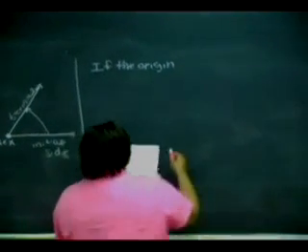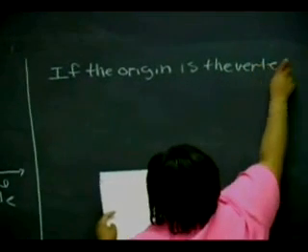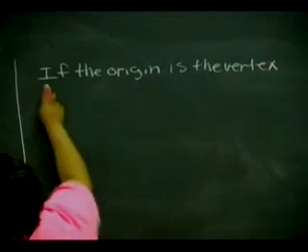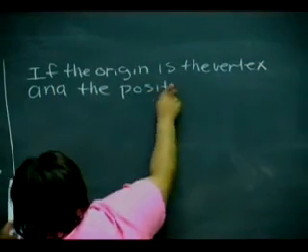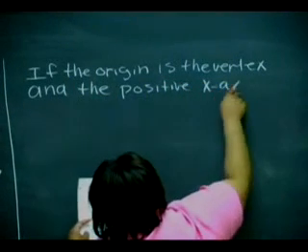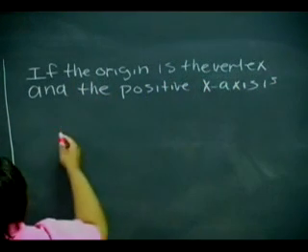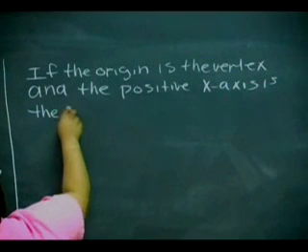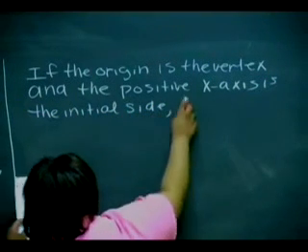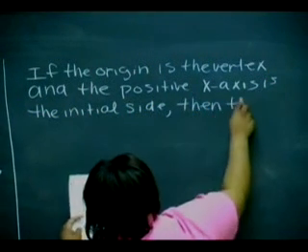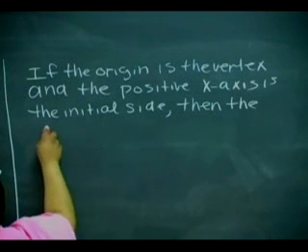If the origin is the vertex and the positive x-axis is the initial side, then the angle is said to be in standard position.